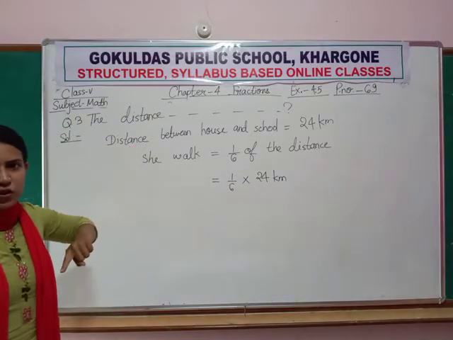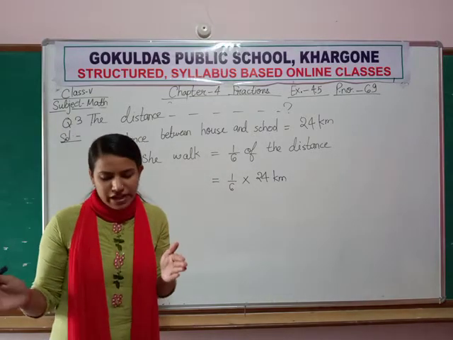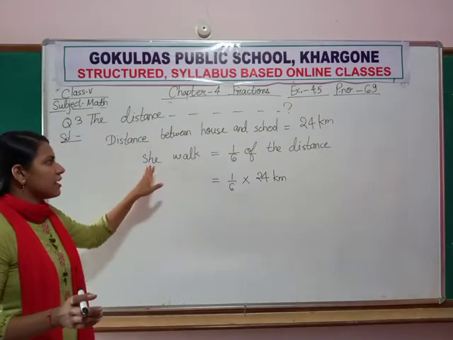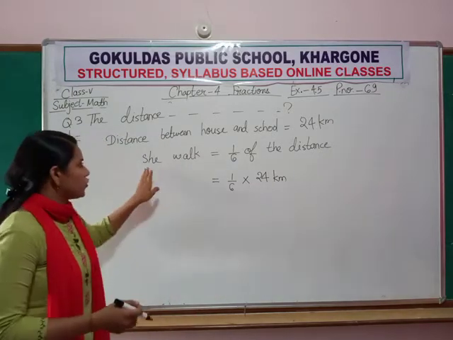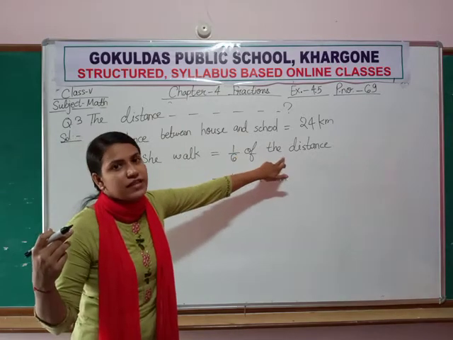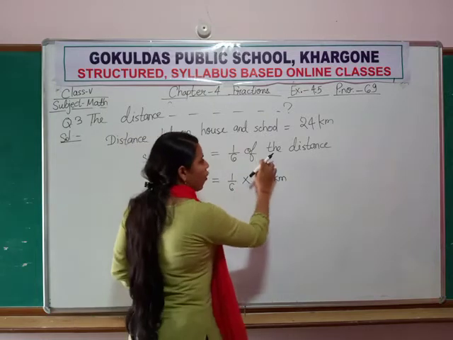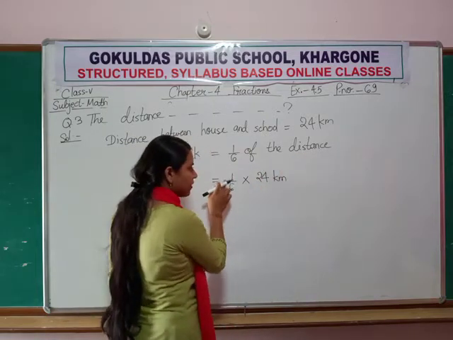Let me explain one more time what we have done. The distance between house and school is given in the book. They are asking how much she walks. She walks 1/6 of the distance, so we have written the same line. Now 1 upon 6 we write as it is.